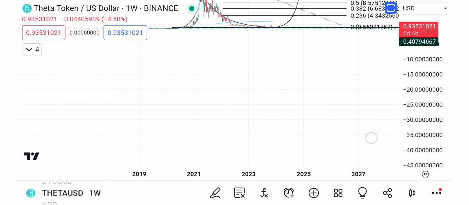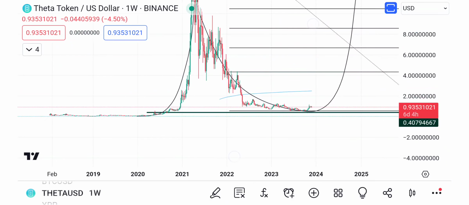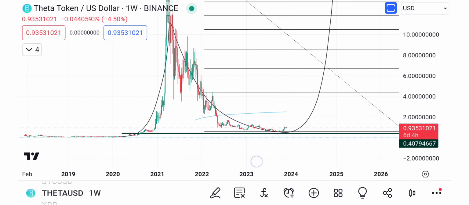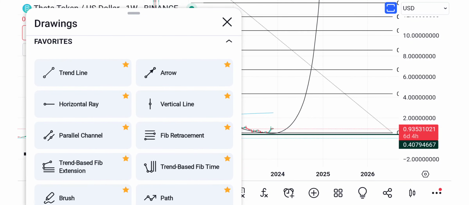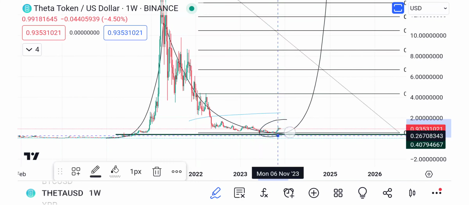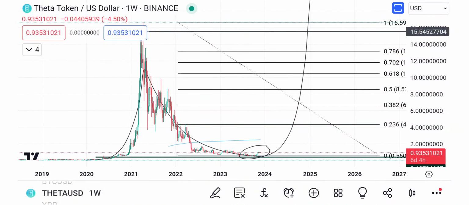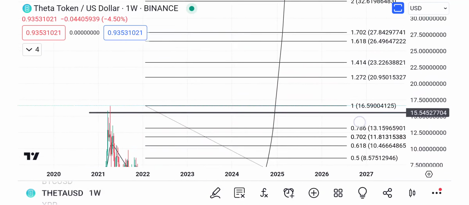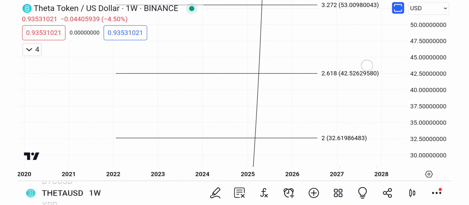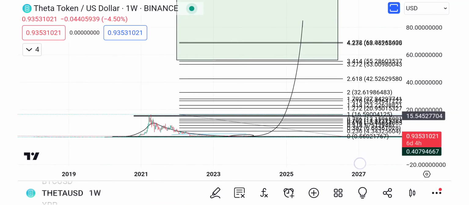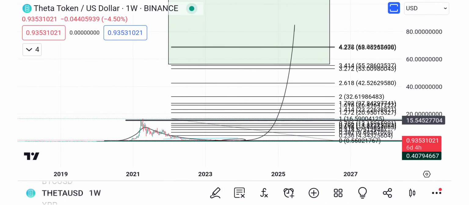Look at this. If I zoom all the way in here, we're barely right here, right? So if we want to get to that target, look how high we have to go. If I scrunch it all in, you can see.